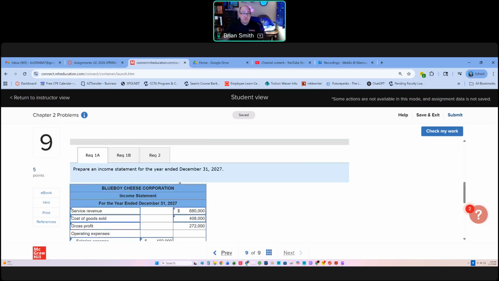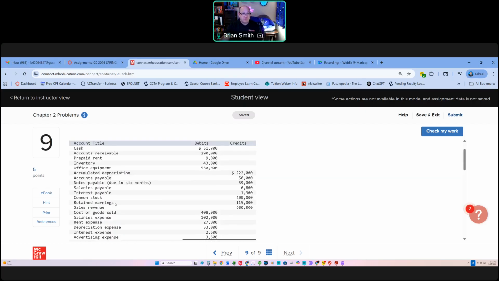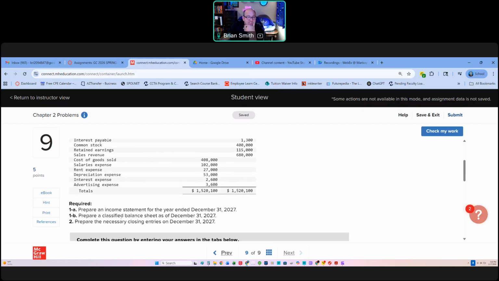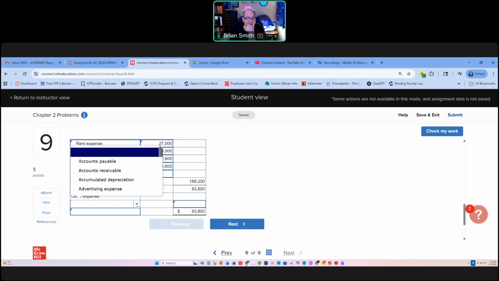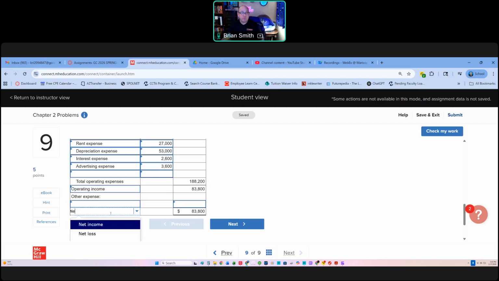Then we're going to have other expenses. Do we have other expenses? I don't see any. Unless it says it here, I don't see any. Oh, they got me, interest expense. I wonder if that's supposed to be down here. This is net income.